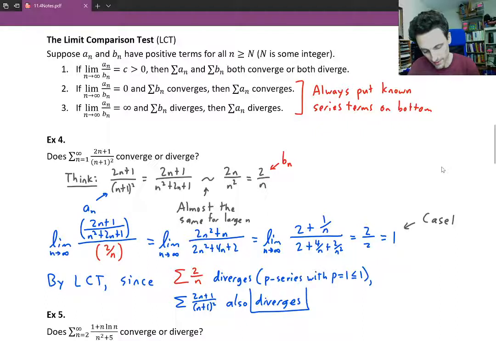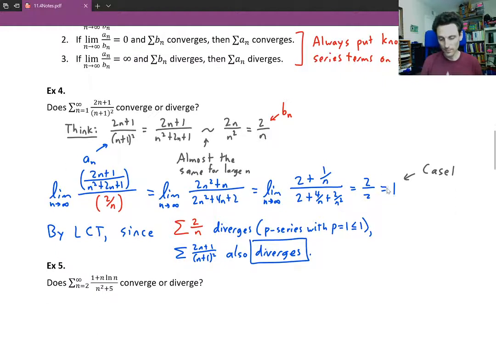We already said it's by LCT, limit comparison test. So there we go. There's an example of the limit comparison test.